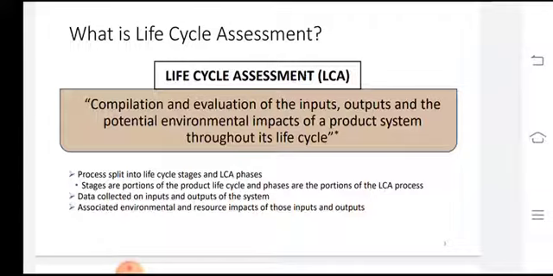So we must know the material being utilized as a raw material, and that raw material must be of good environmental quality and performance, so that this LCA can show us a good performance of the product.